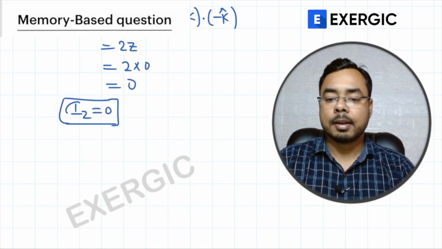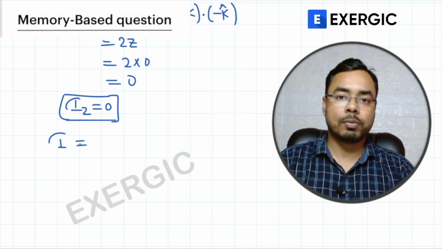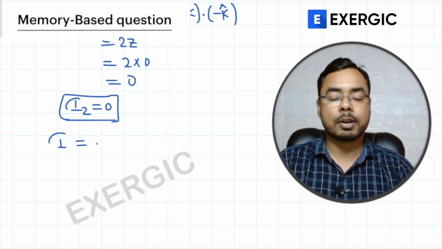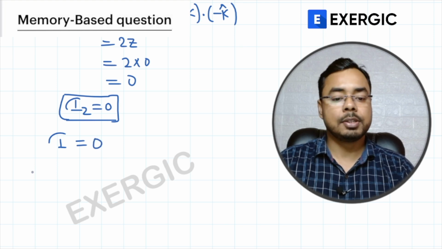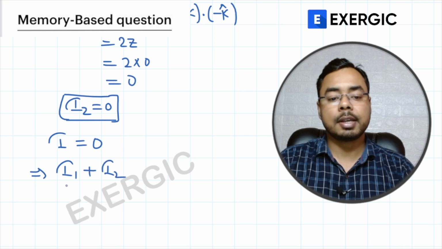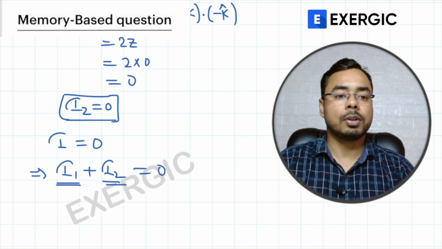Now see here, I is known to us. I is the surface integral over the total surface of the cone, the curved surface and the circular base. In the first part of this problem, we have discussed that using Gauss divergence theorem, this I will be 0. Now this I is nothing but I1 plus I2, where I1 is the integral over the curved surface of the cone and I2 is the integral over the circular base, and this will be equal to 0, right?